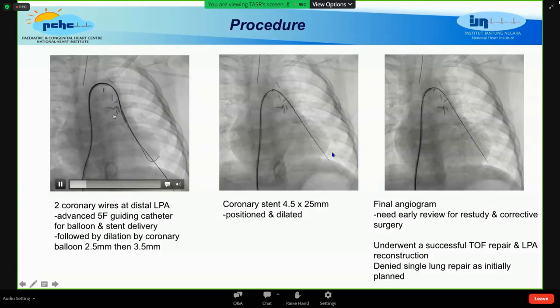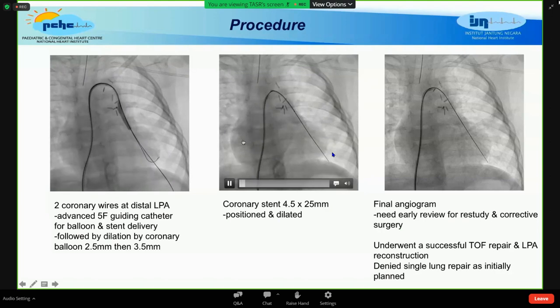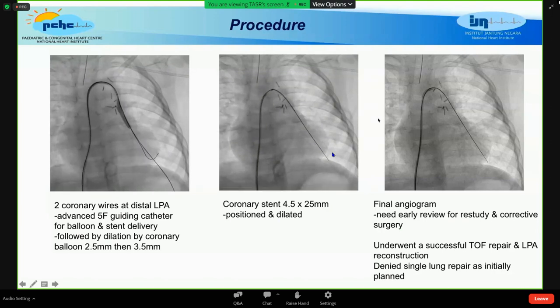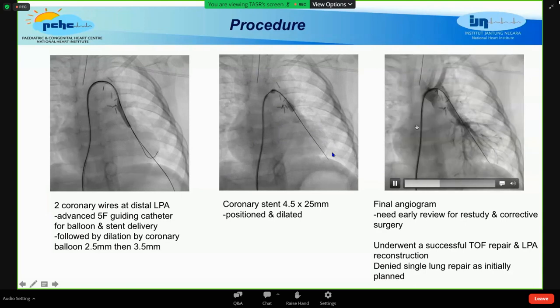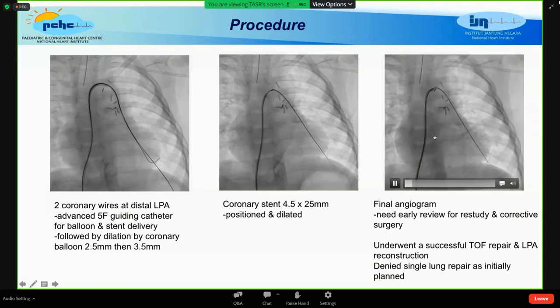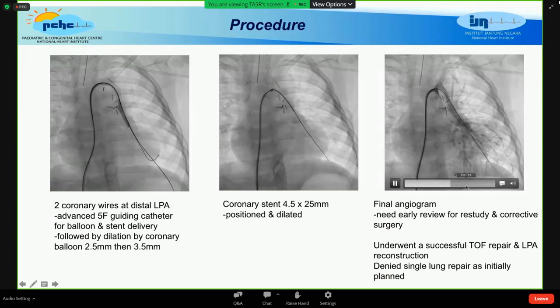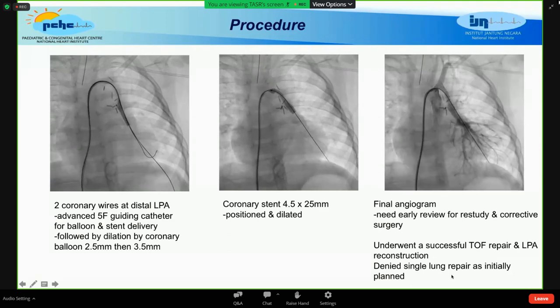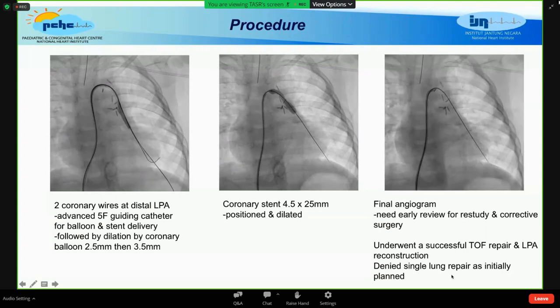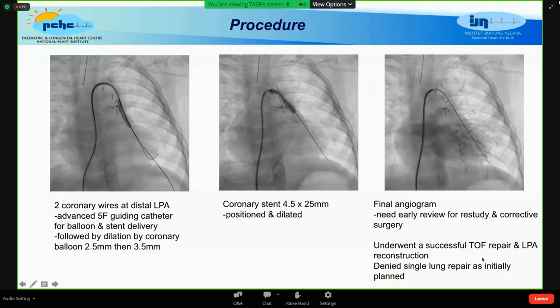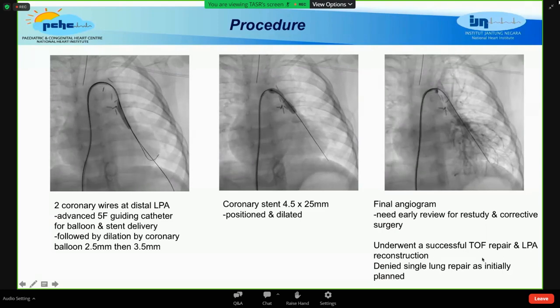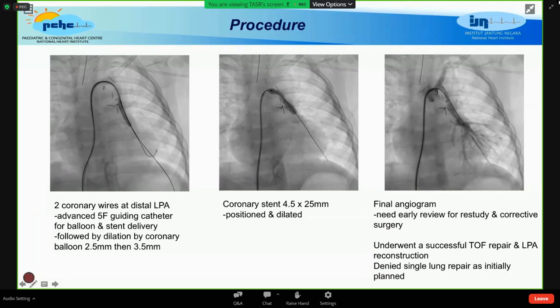The guide wire was then placed in the distal left pulmonary artery, followed by stenting, and you see good flow into the left pulmonary artery on the final angiogram. This patient underwent successful TOF repair with LPA reconstruction. Initially planned for single lung repair, this patient ended up with a good two-lung repair.